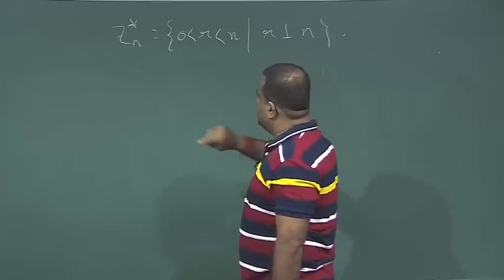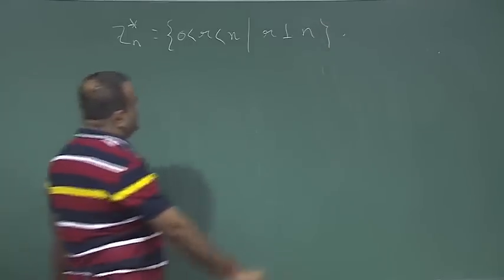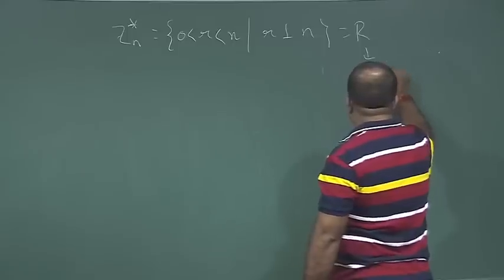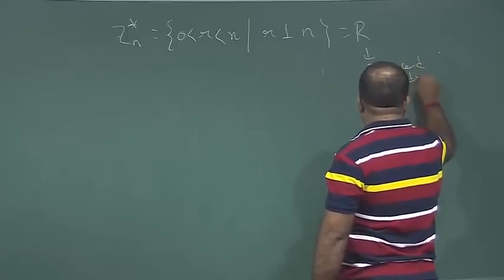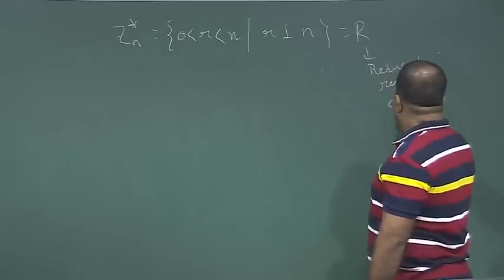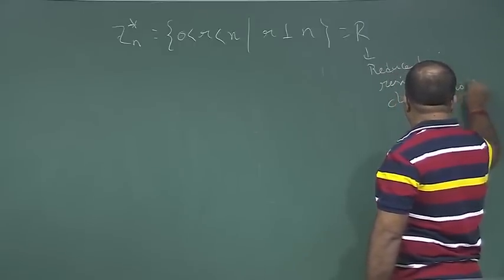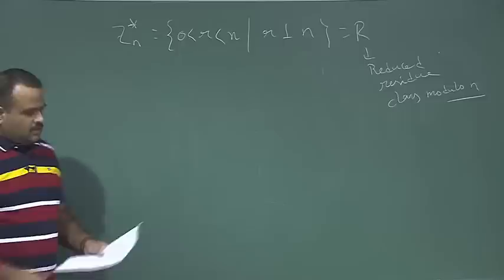The cardinality of this set is phi(n), and this set is also denoted by R. This is called the reduced residue class modulo n.